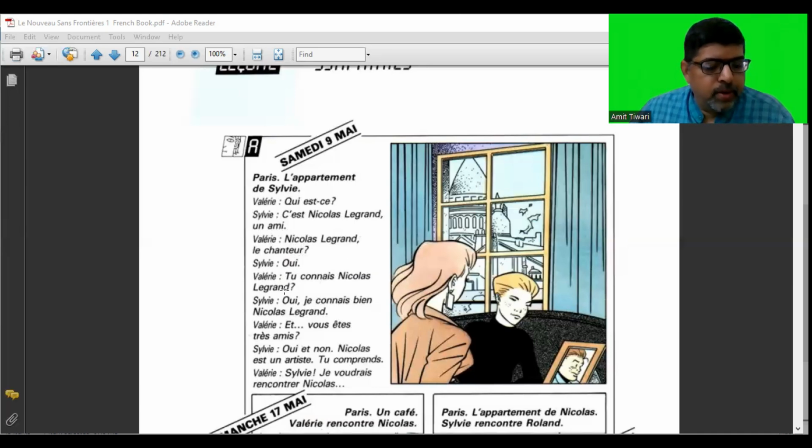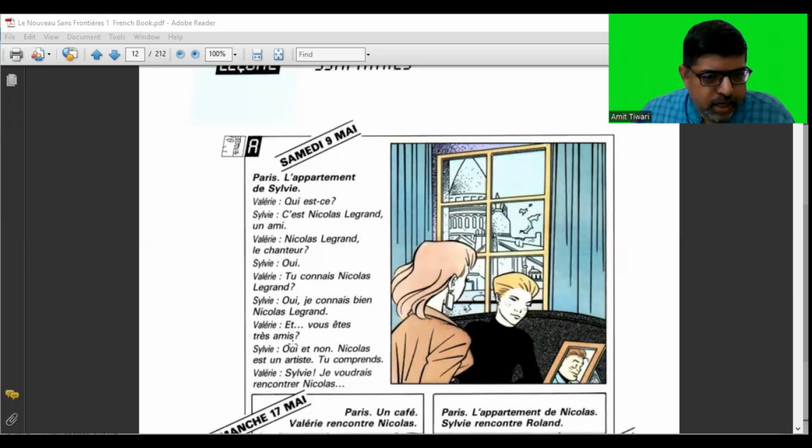You know Nicolas Lego? Then Sylvie states, oui, je connais bien Nicolas Lego. Yes, I know him well, or I know Nicolas Lego well. That is the name of a gentleman. Valérie: Vous êtes de bons amis? Are you good friends? That is meant for very good friends, right?